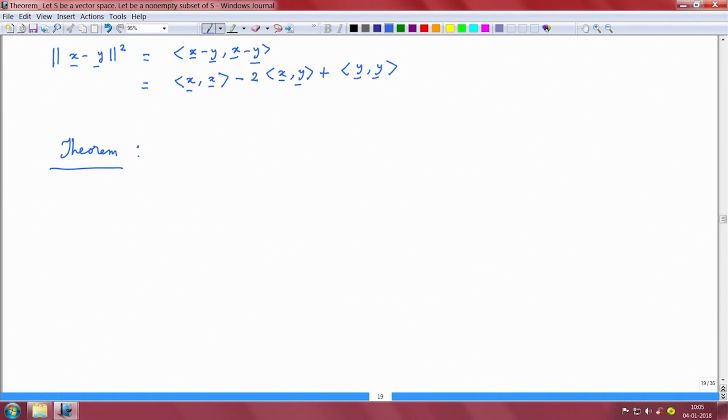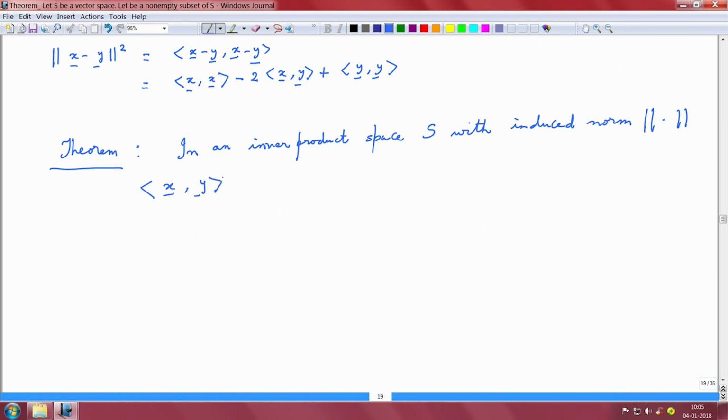Okay, let us start with a theorem. The statement of the theorem is as follows: in an inner product space S with induced norm, the inner product of two vectors x, y squared is less than or equal to the norm of x squared times the norm of y squared.